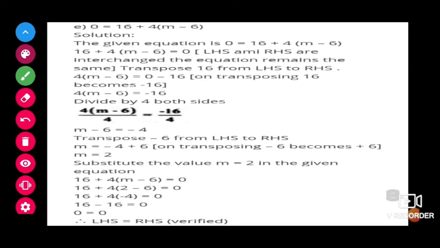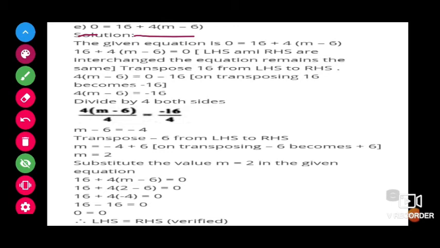Next one, 0 is equal to 16 plus 4 into (m minus 6). Same way, children, first I will interchange RHS to LHS. Why? Because here the variable part is on this side and the constant part is on the other side.